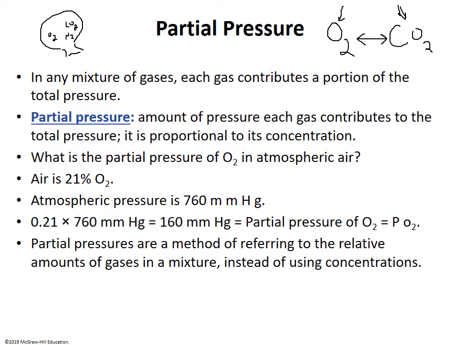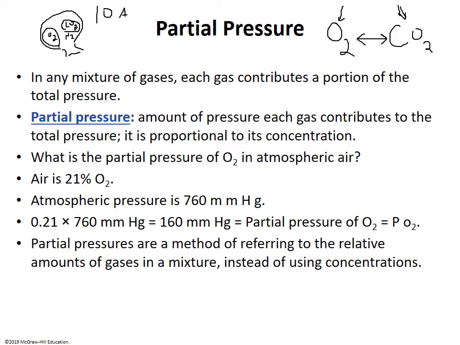And I know the total pressure, let's say, is 10 atmospheres of pressure. That's a measurement. And if I measure how much of each gas is in there, and I know certain coefficients, I can figure out the pressure of each gas, because each gas acts as if it's alone. And so the total pressure is the sum of the partial pressures of each of the gases.